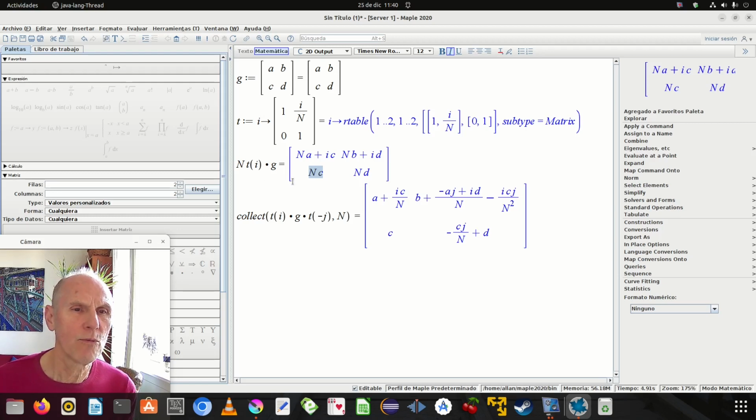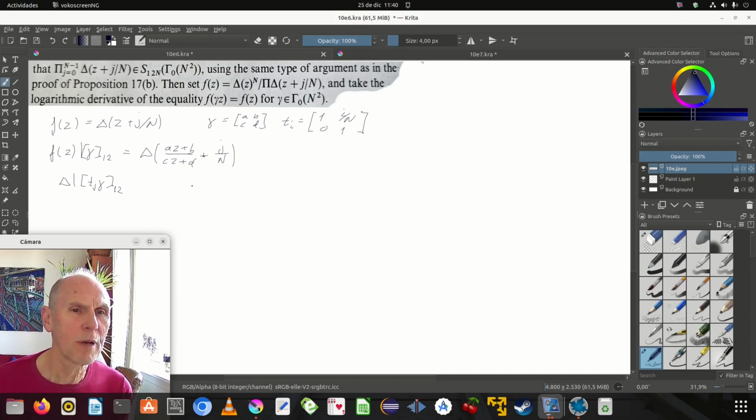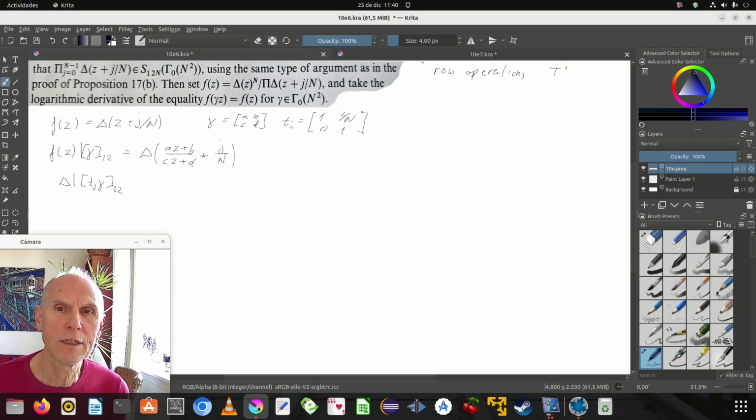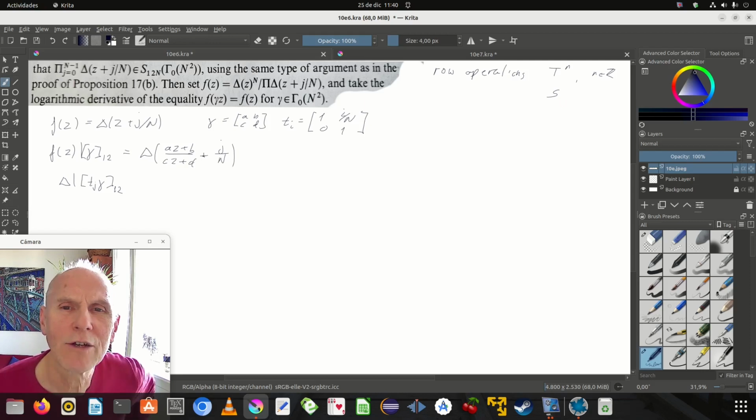And doing row operations is equivalent to multiplying by T to the n, n being some integer, and then exchanging rows. That's S. That changes sign, of course, of the bottom row, but that doesn't change anything.